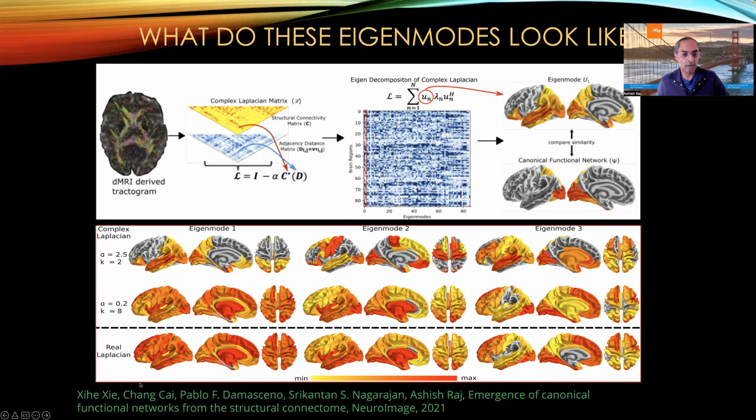As you can see here, the real Laplacian obviously cannot change, but the complex Laplacian can change its spatial pattern depending on how you dial these quantities up and down, which is really excellent because it allows us to then impart a very simple diffusive model with a very rich level of spatial information.